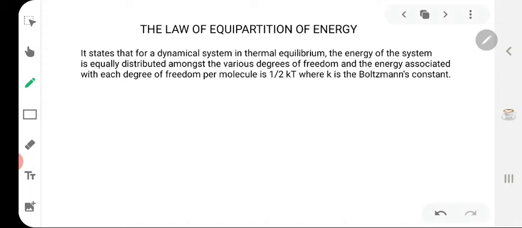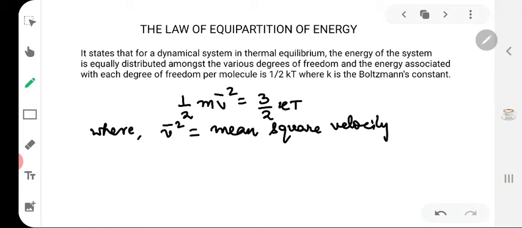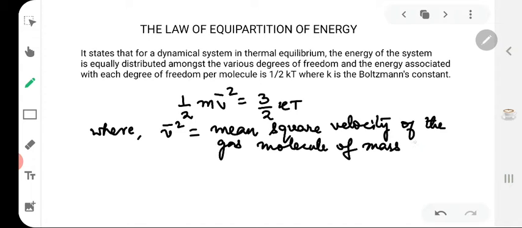So, according to kinetic theory of gases, the mean energy of translational motion of a gas molecule is given by half m v bar square, that is equal to 3 by 2 kT, where v bar square is the mean square velocity of the gas molecule of mass m.